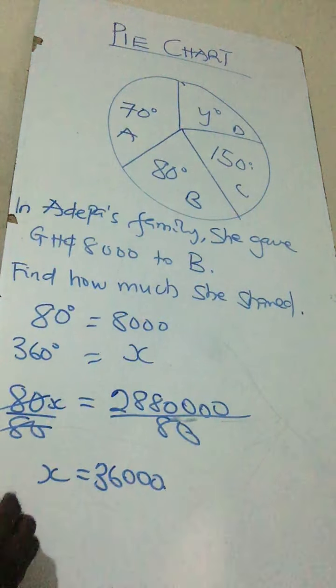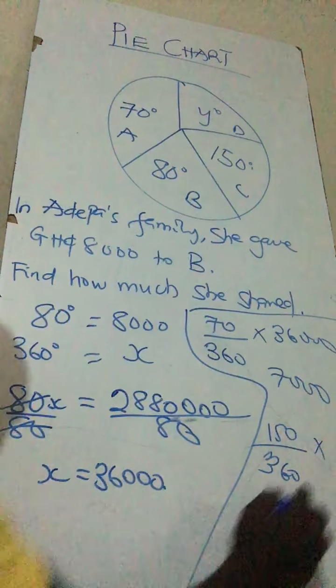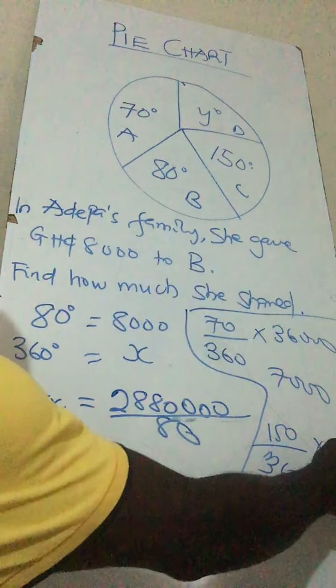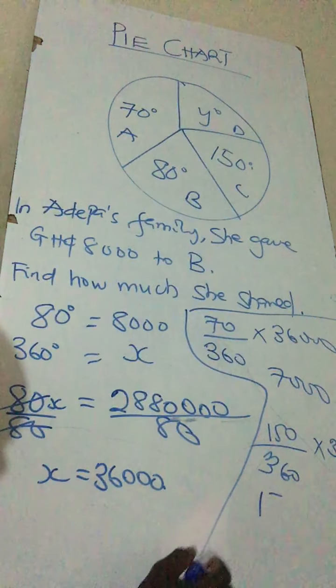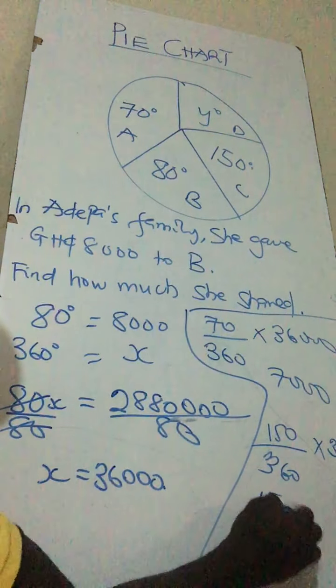So you get 7,000 for A. If you come to C, C's angle is 150 over 360 times what? The total money involved, 36,000. As simple as that. You get it? Good. And so you got 15,000 for this one.